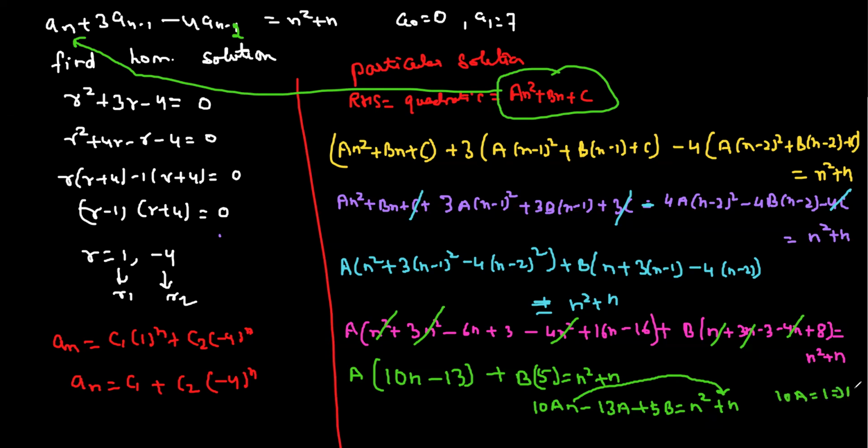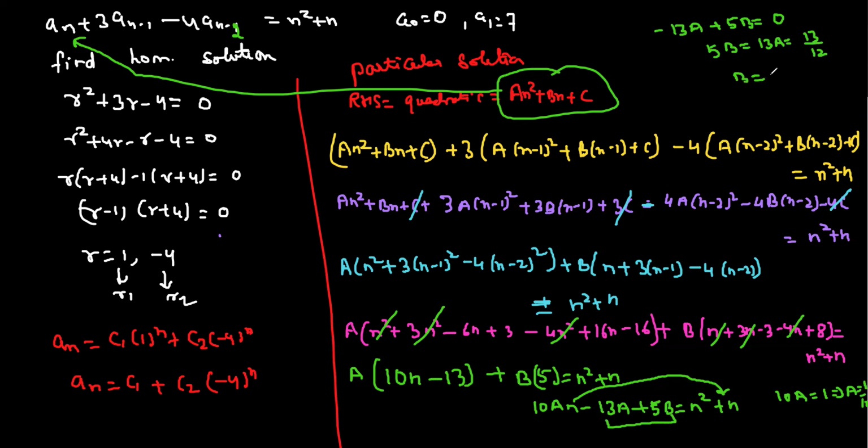Then you will get a is equal to 1 by 10, right? Yes. And this whole thing is what? Constant? And there is no constant at right hand side. B will be what? 13 by 12.